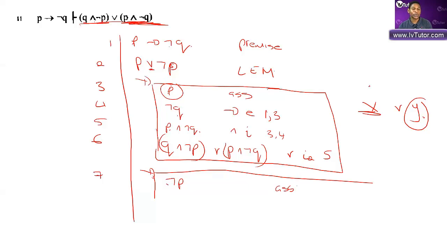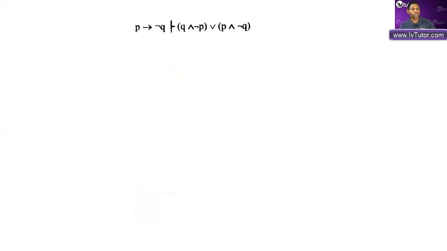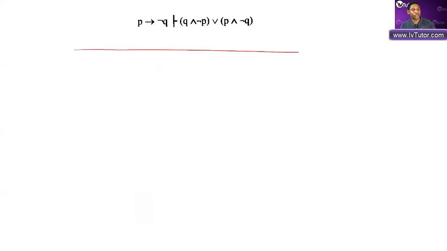So the way to quickly check that is to draw a truth table for it. We can see it's only P and Q, so it's going to be short.